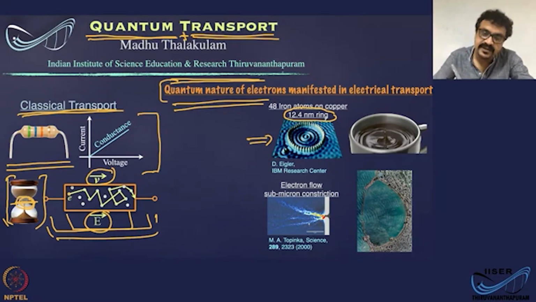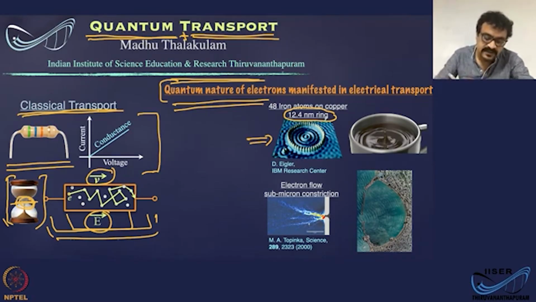And what you are seeing here is a three-dimensional plot, or three-dimensional image, of the wave function of the electrons on the copper surface. These iron atoms are arranged on a copper surface.